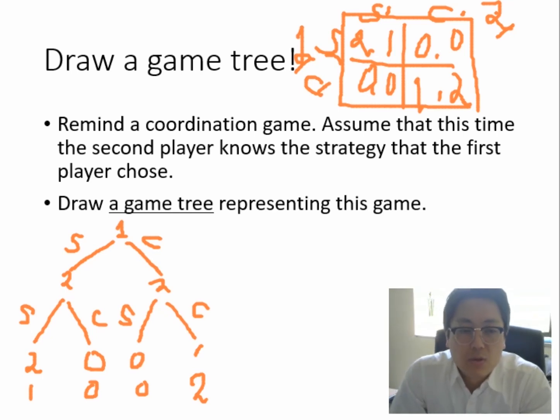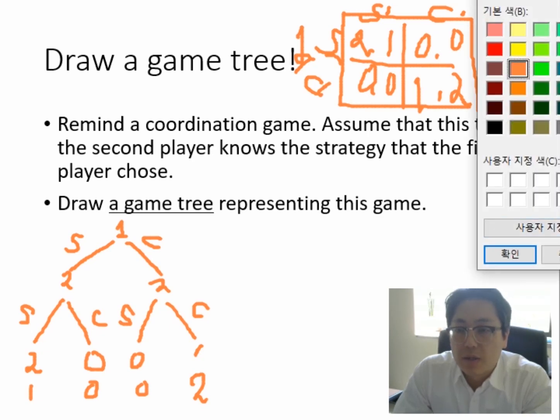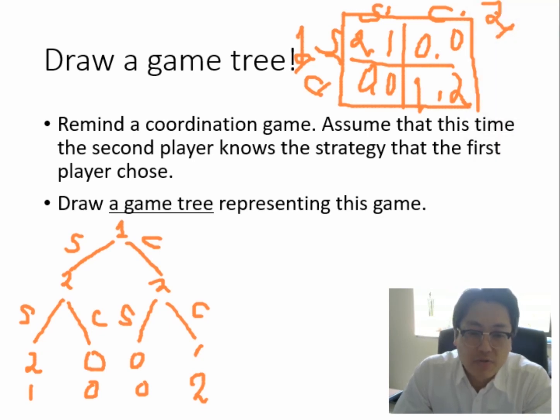So now, look at this. This game tree seems to be similar to a normal form game, but one big difference between those two games is that here, once the first player chooses his or her action, for example S, the second player immediately observes that and will know where the second player is standing.